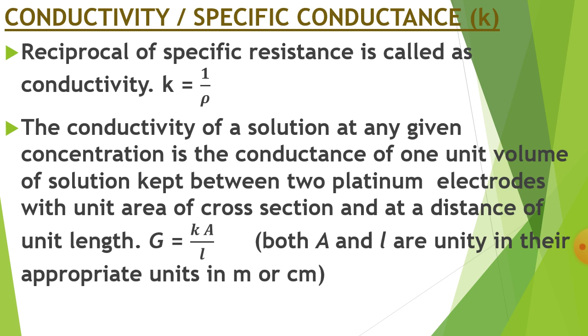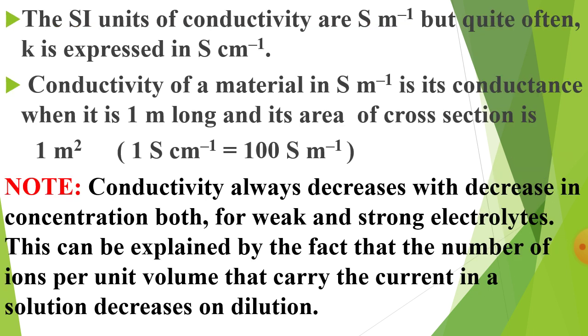In that condition, G equals κ. Now the SI unit of conductivity is Siemens per meter, but quite often κ is expressed in Siemens per centimeter. So if the value in a question is given in Siemens per centimeter, that denotes the conductivity.